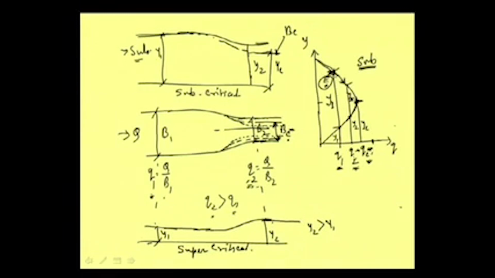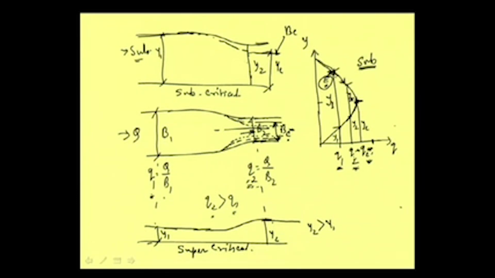But something else will happen, as this energy level is not sufficient to push the flow through this small narrow width. So, what will happen? The water will start impounding on the upstream side, so that the energy level increases.